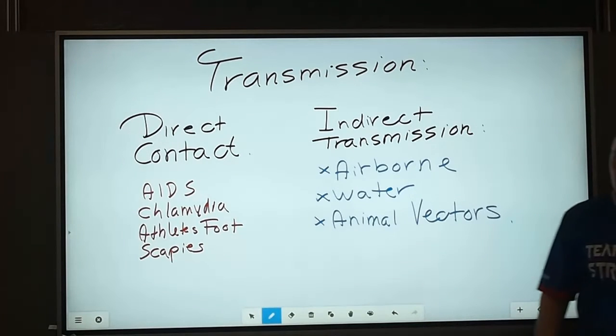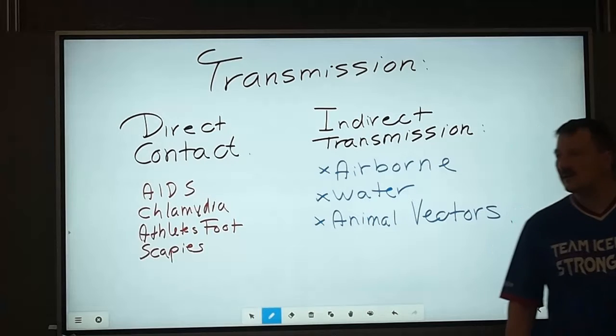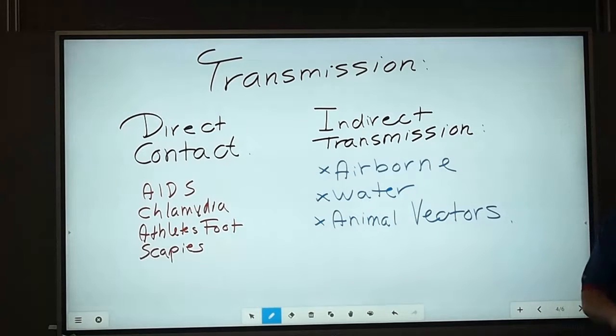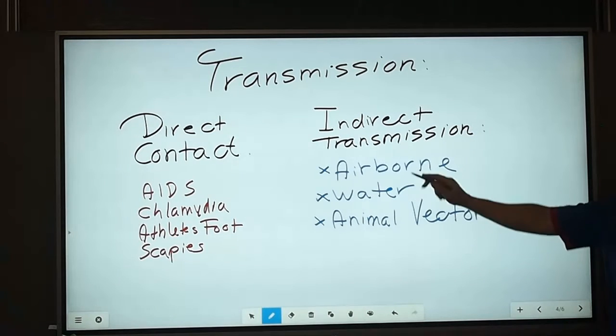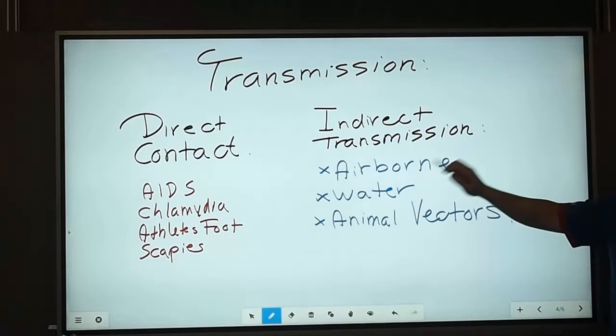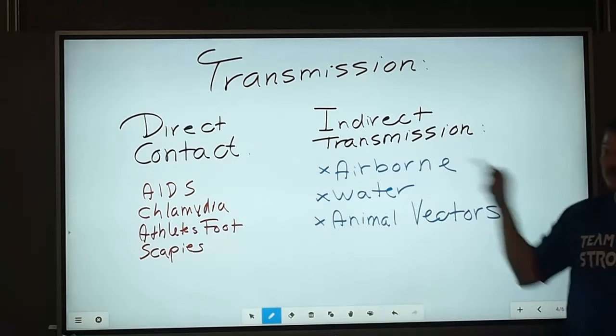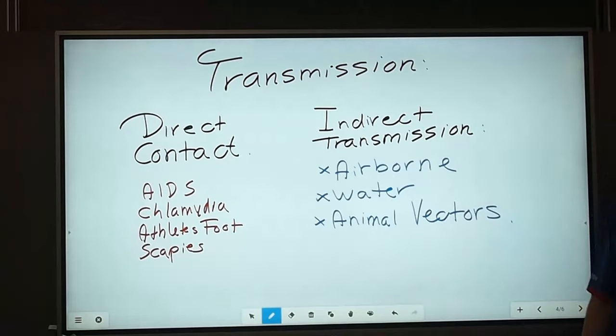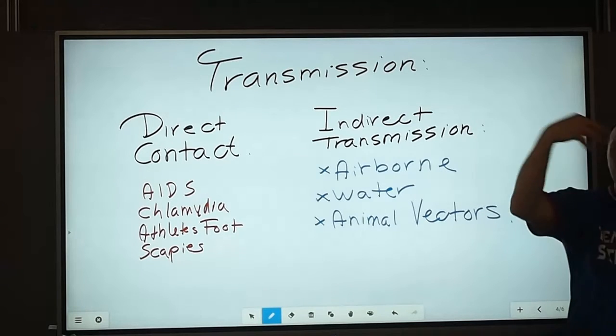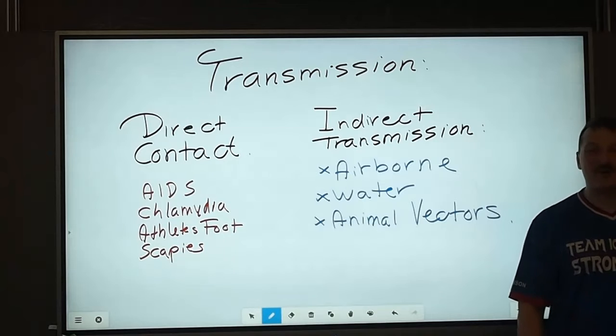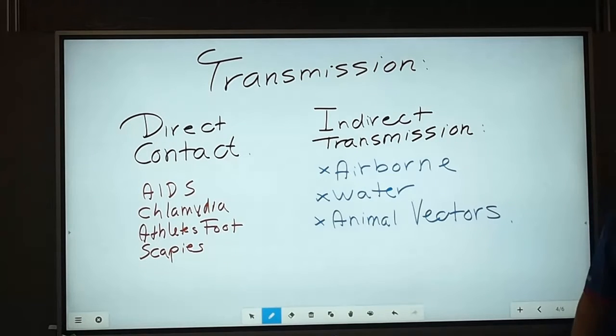Indirect transmission is different, and there are many ways a disease can be transmitted indirectly, but it's usually either airborne, waterborne, or borne by animal vectors. Airborne is, for example, I cough and particles filled with virus will fly out in the room, and they might linger there for some time and then go and infect someone else.